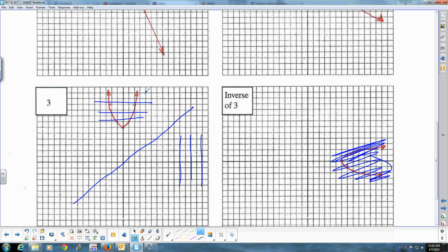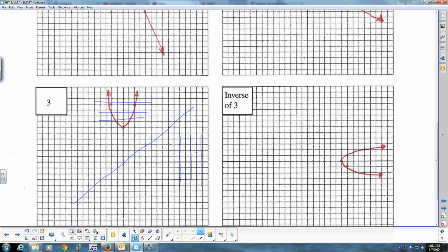So, if the original graph fails the horizontal line test, it means its inverse is not a function.